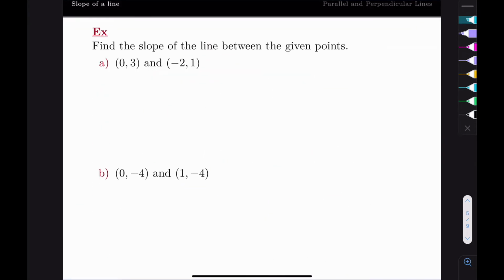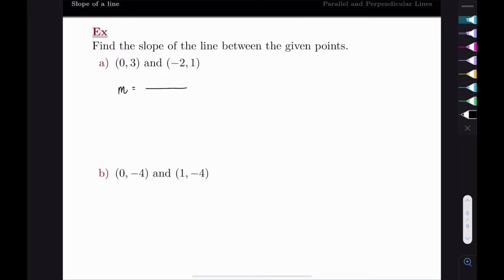So let's go ahead and practice. We're going to find the slope between the given points. In our first example, we have (0, 3) and (-2, 1). Typically what you end up doing is this point goes first because you consider it to be the end value. Our slope, we denote with the letter m.